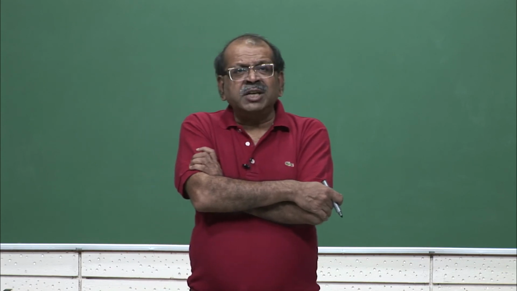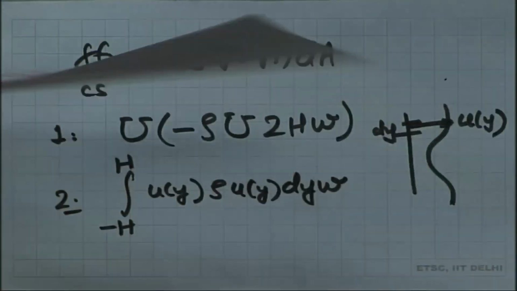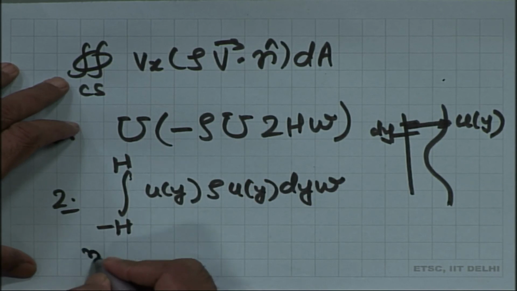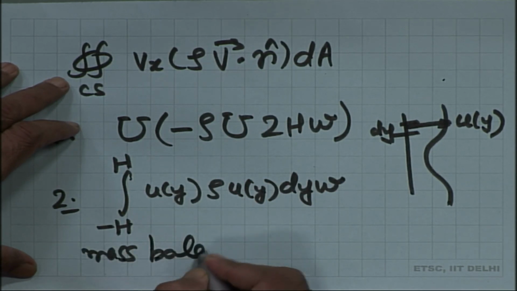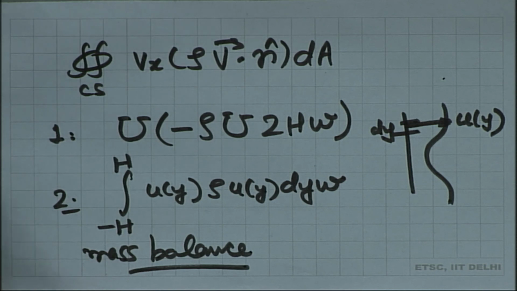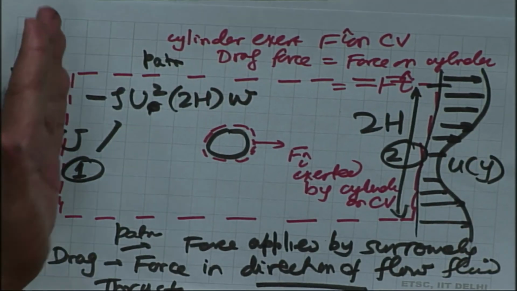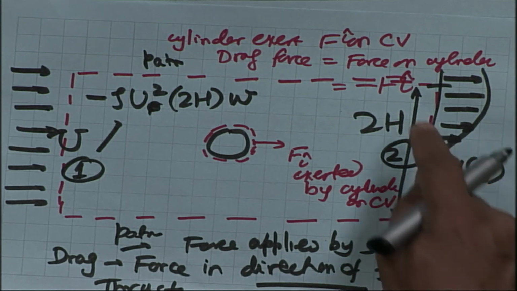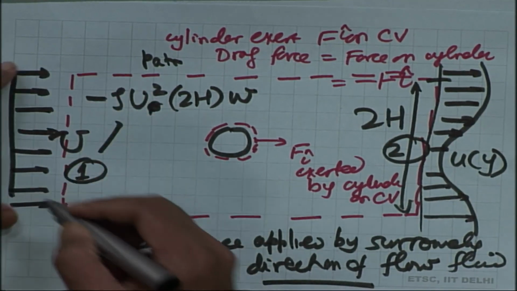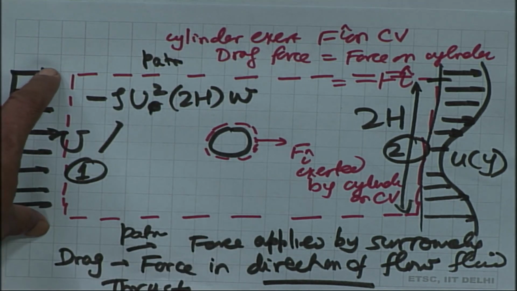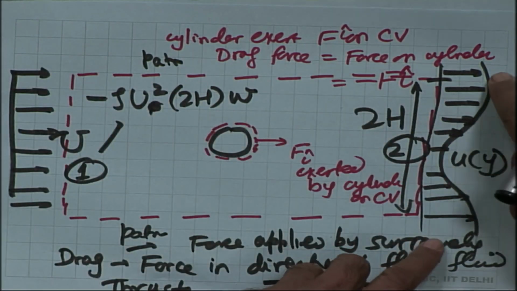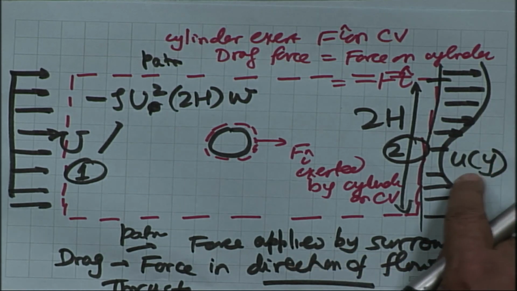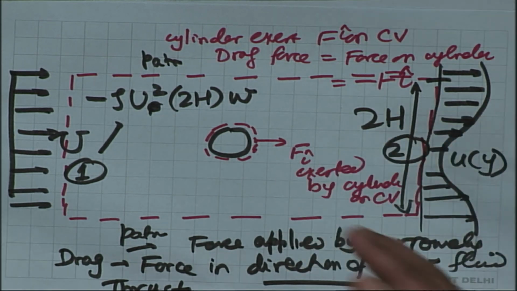So first, before using this, we should have gone for mass balance. It is very clear that the amount of fluid going in from surface 1 is not equal to the amount coming out from surface 2, because clearly the rectangle area U times 2h should have been equal to the same area on 2, but with the small u of y, we know there is a defect.